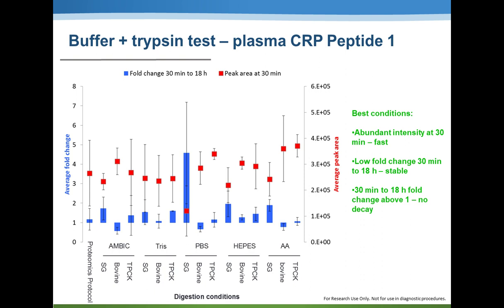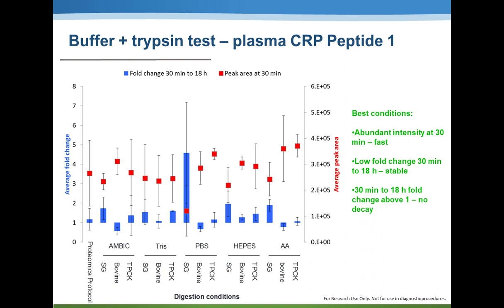The best buffer trypsin combinations are the ones that can produce abundant signal at half an hour and a small fold change, about 1, from half an hour to 18 hours. That means the reaction is fast, stable, and non-decaying.